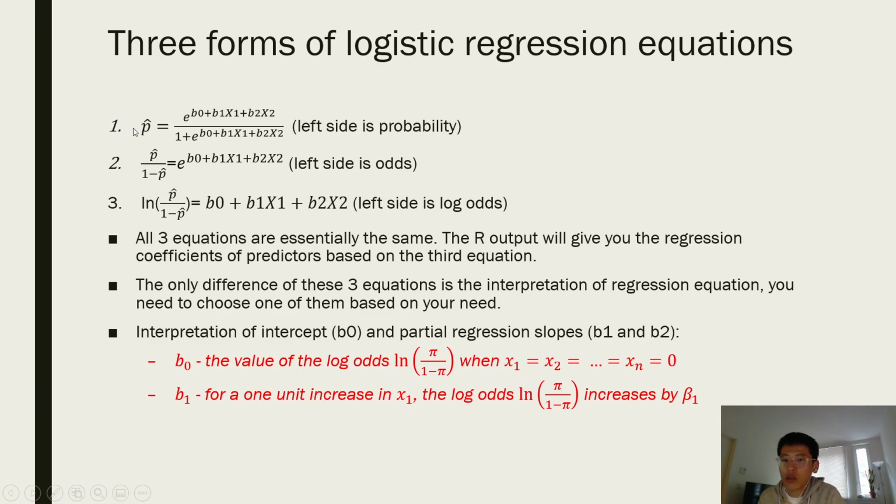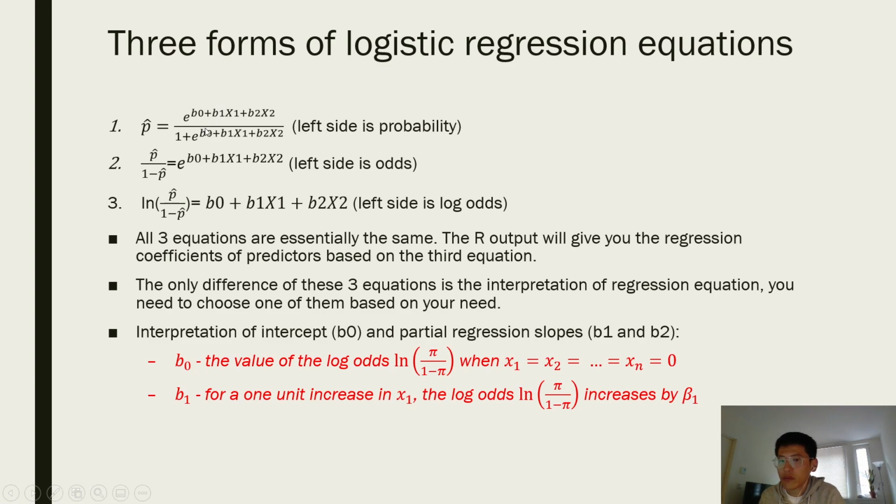The first one is easy because the outcome is a probability. We all have common sense of what a probability is. Probability is bounded between 0 and 1, and you can interpret it very easily.